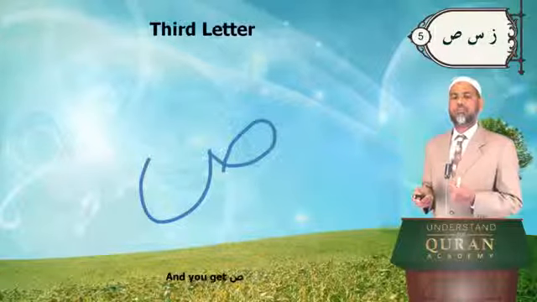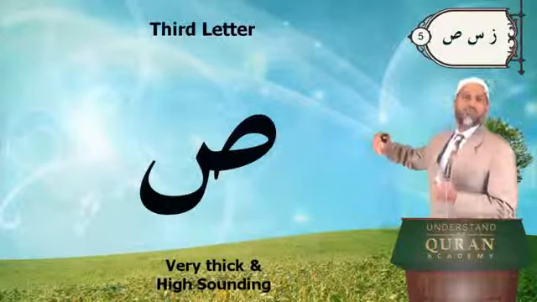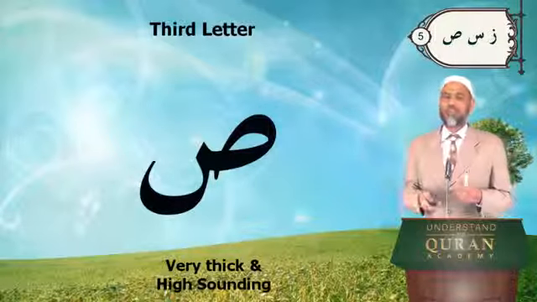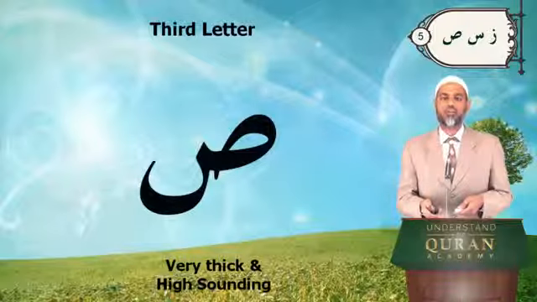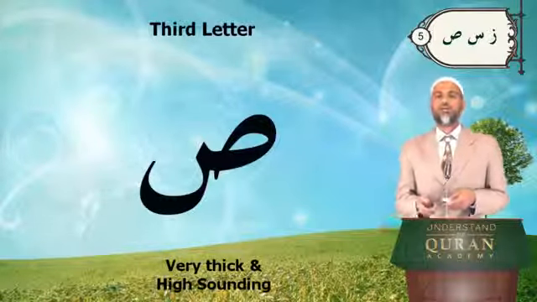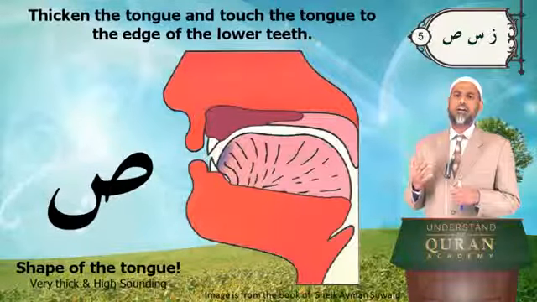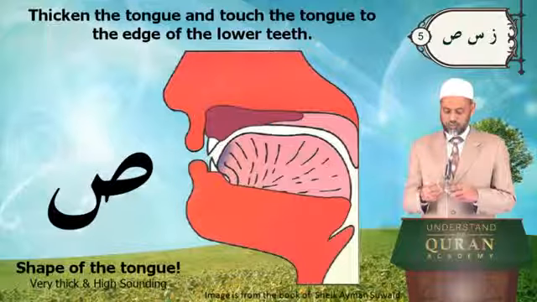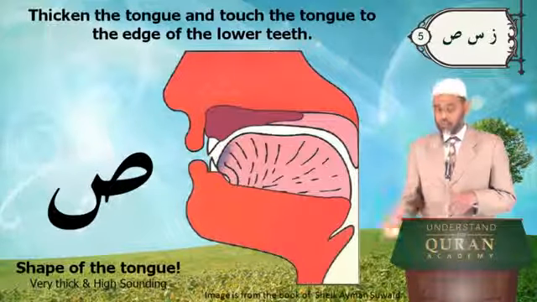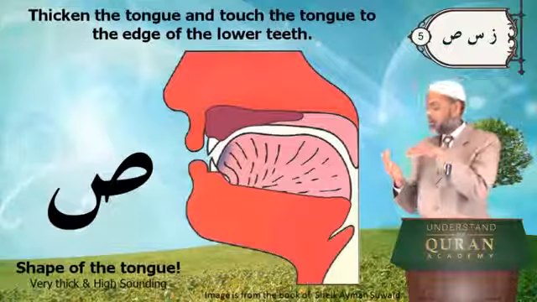You took the first cup of the Sin and put it on the top of the second, and it became very thick and high sounding. Sad. So how do you say it? The same way. I told you in every lesson you learn the letters which represent the articulation, all of them coming from the same spot.